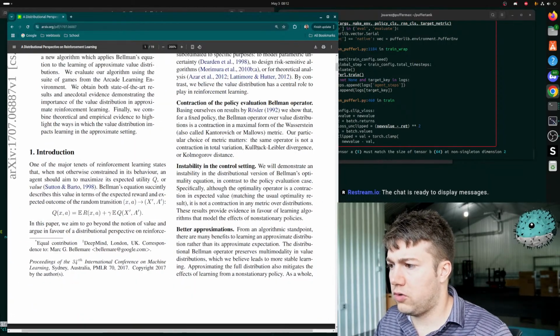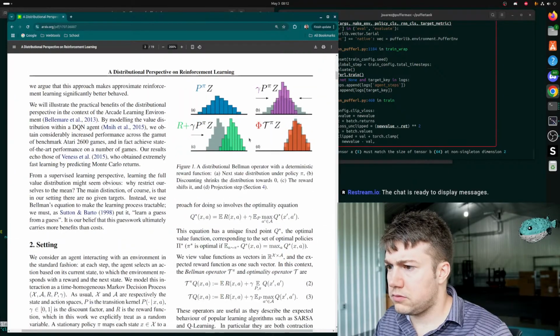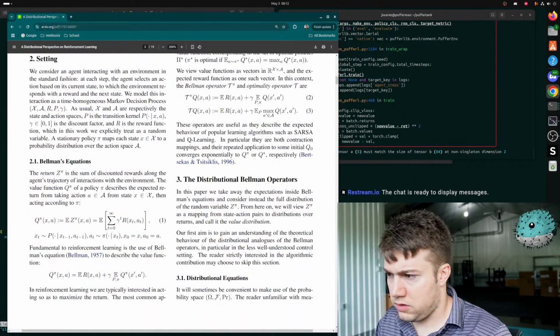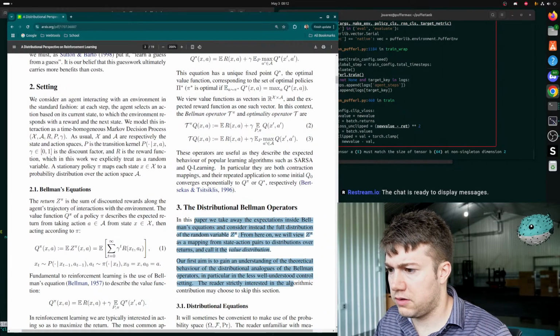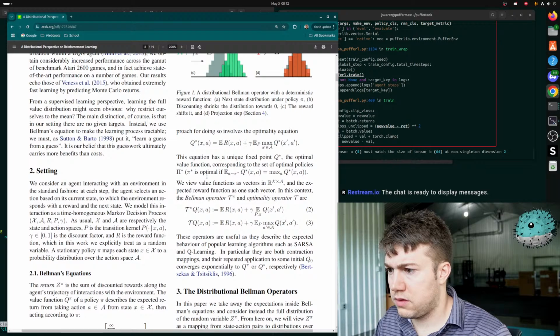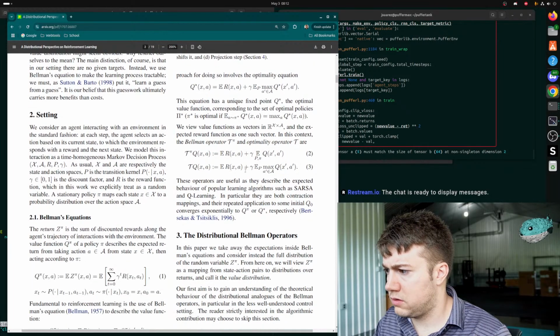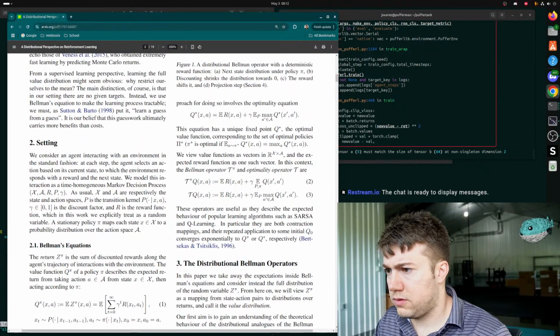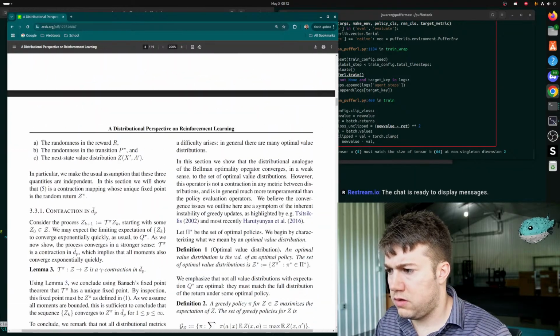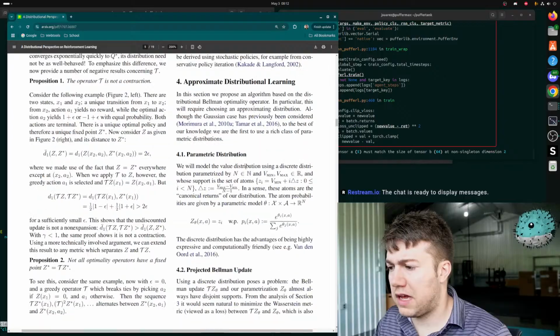Okay, so they say skip this section. This is background. I believe they have the algorithm definition here.